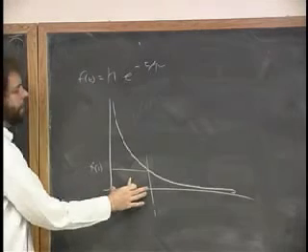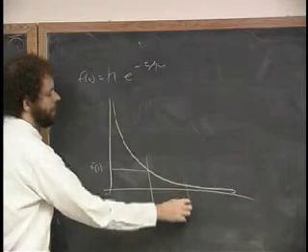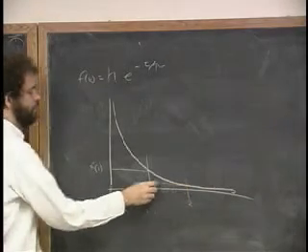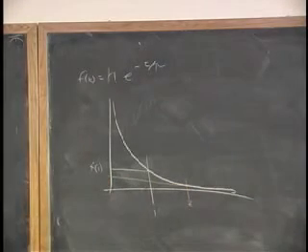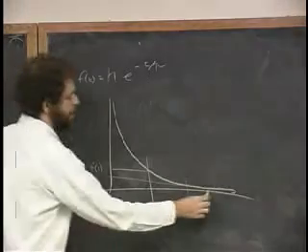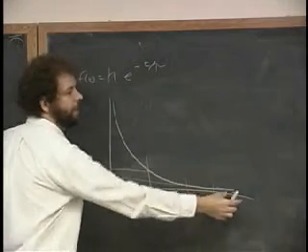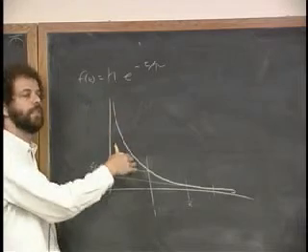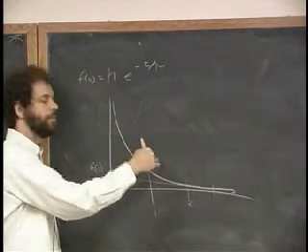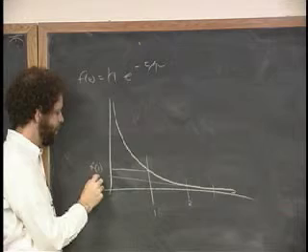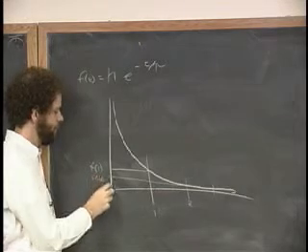If it took 1 second to get down here, where is it after 2 seconds? It's going to be half of that, right? And then f of 3, half of that, and half of that, and half of that. So it exponentially goes down with every, so this is f of 1 over 2.